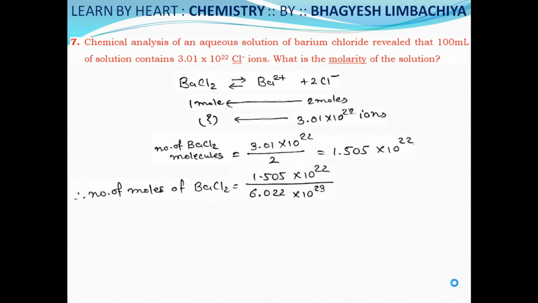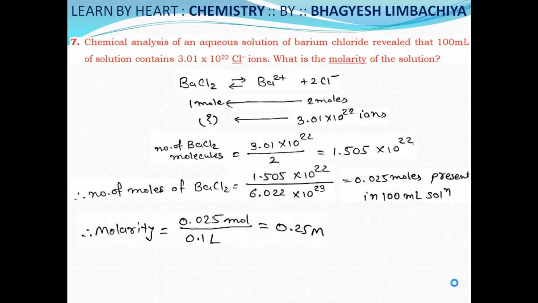The number of moles of BaCl2 will be 1.505 into 10 raised to 22 divided by 6.022 into 10 raised to 23. So in 100 ml of solution, 0.025 moles are present. So the molarity will be 0.25 molar, and this is our answer.